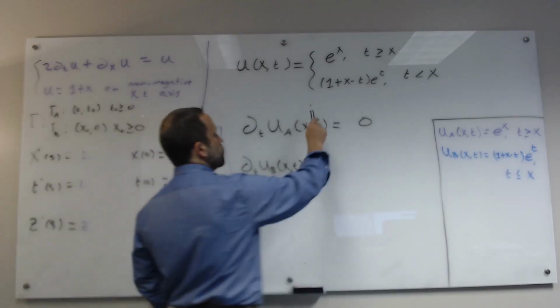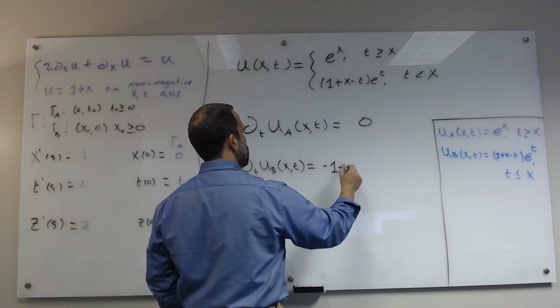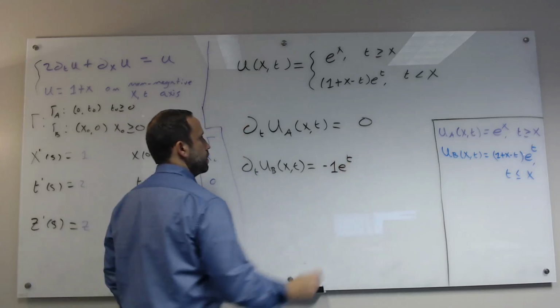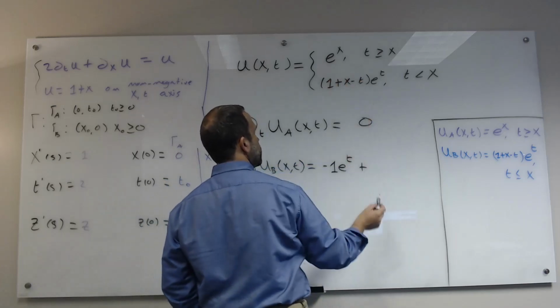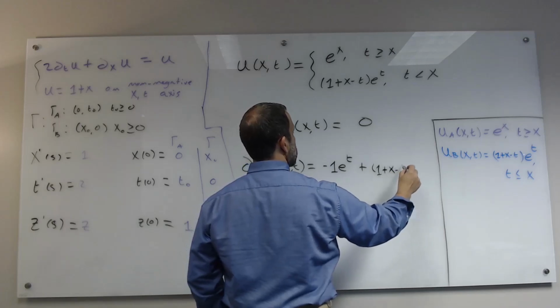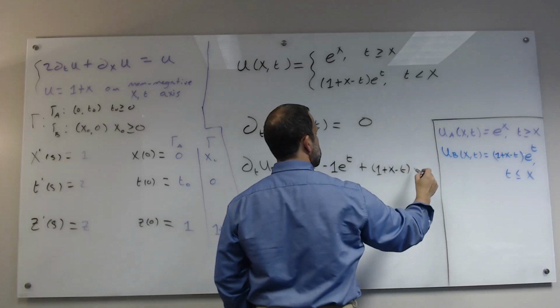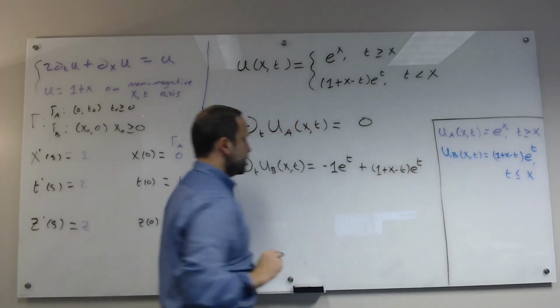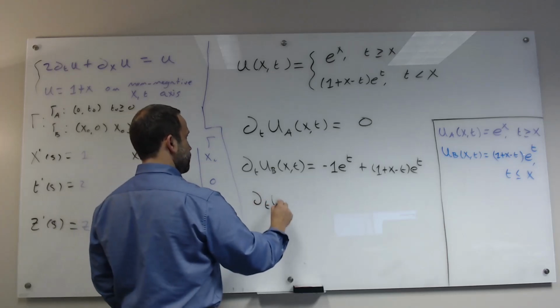It's going to be the derivative of this with respect to t, which is minus 1 times e to the t, plus this, which is 1 plus x minus t, times the derivative of e to the t, which is just e to the t.